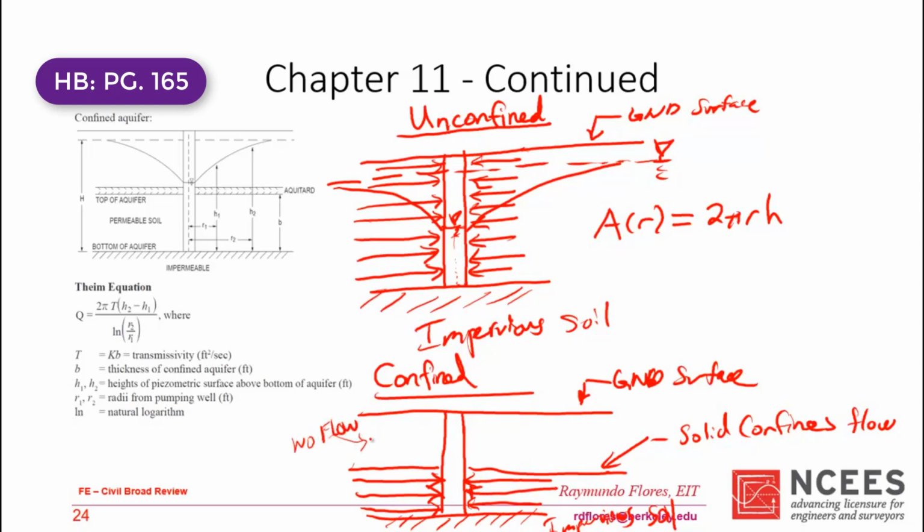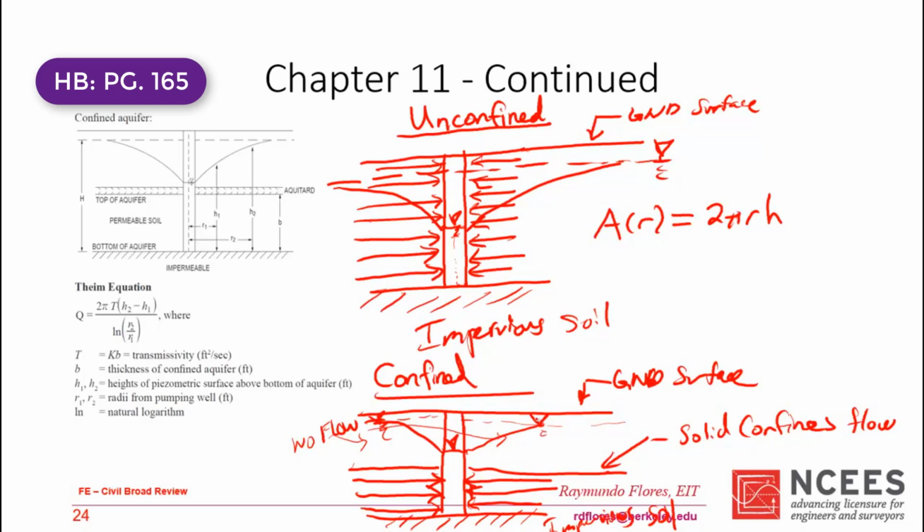Right? So that it only goes through here, even though you do have a surface like this, and the water table would have to originally be here maybe. So in other words, it would have to taper off like that.